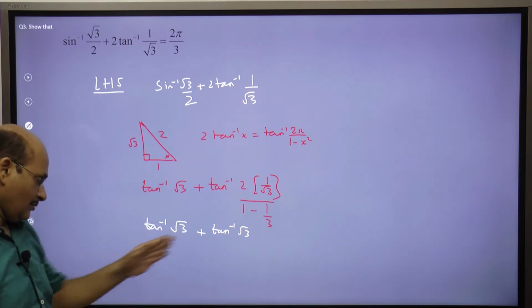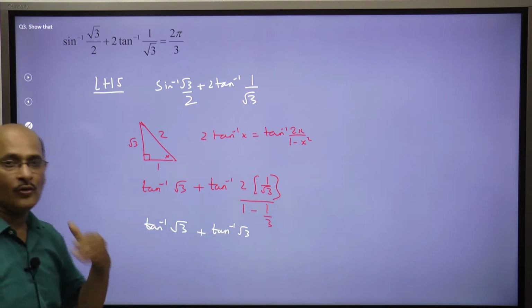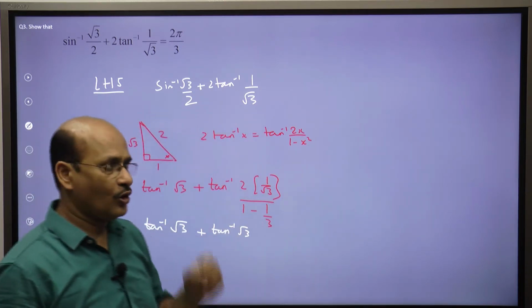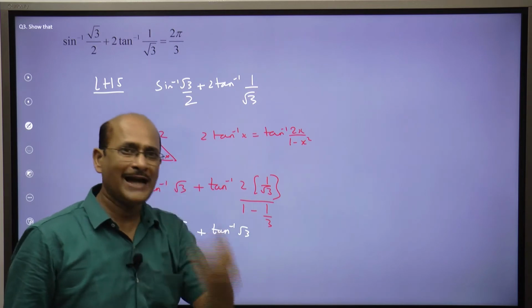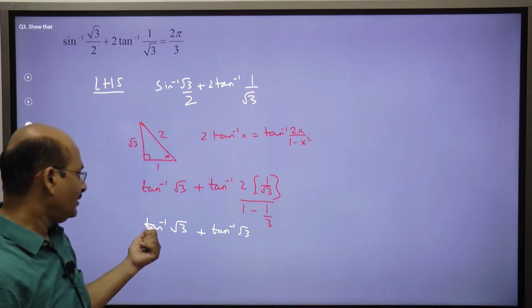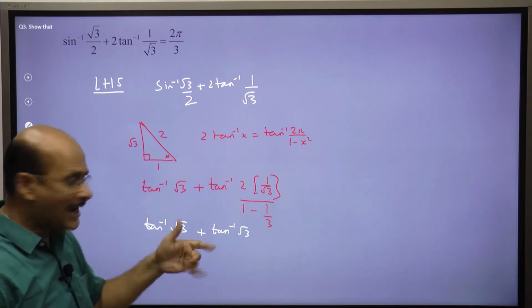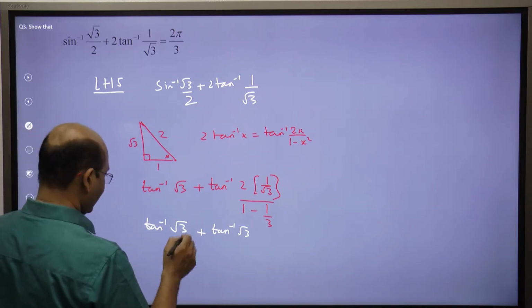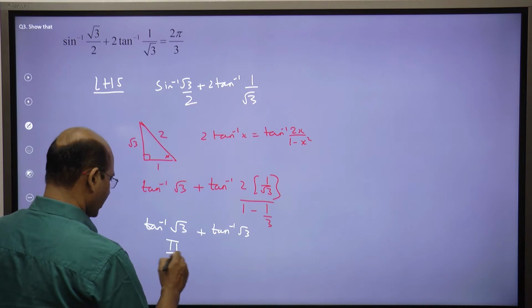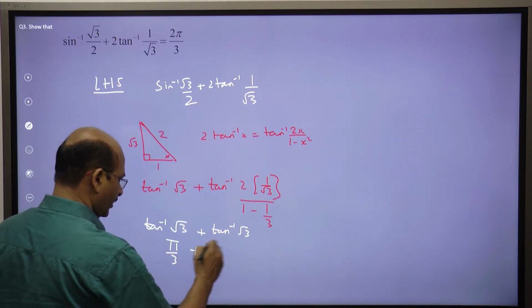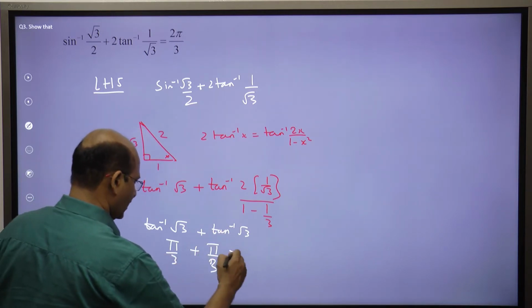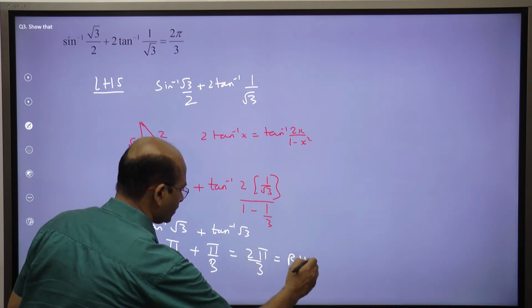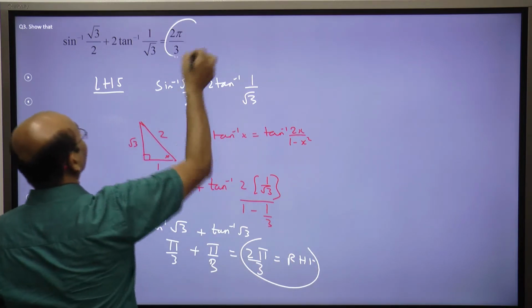What is tan inverse root 3? Whose value of what angle is tan root 3? That is, tan of what angle is root 3? So tan inverse root 3 is nothing but, I think, pi by 3, right? So this is nothing but pi by 3 plus pi by 3, which is 2 pi by 3, equal to RHS.